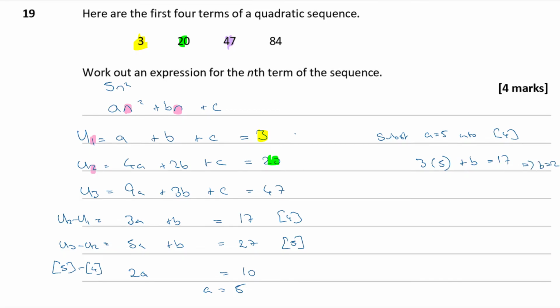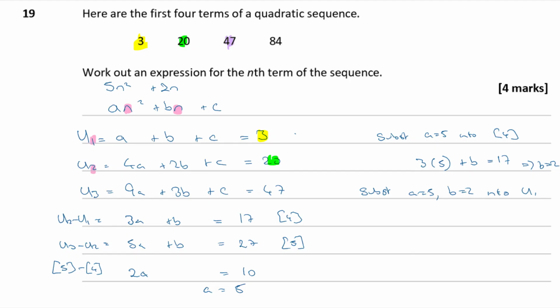So now I've got 5n squared plus 2n. Now I just need the c part to finish it off, don't I? I know a is 5 and b is 2, so sub that back into u1. Substitute a equals 5, b equals 2 into u1, the first thing we started with.